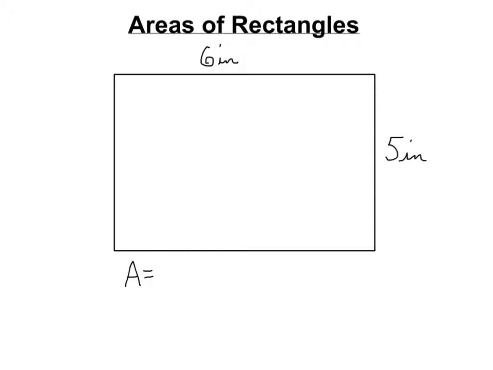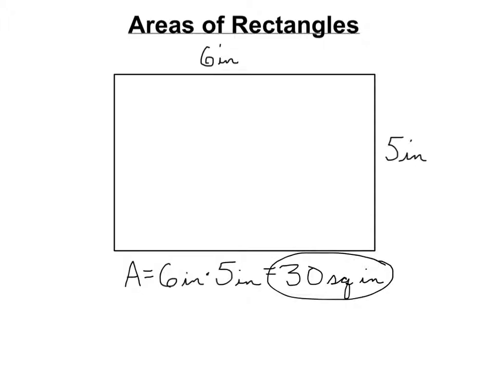So here, the length is 6 inches times the width is 5 inches. And so if we multiply, we find the area. Well, 5 times 6 is 30, and inches times inches gives us the square inches that we're looking for. So our answer would be 30 square inches.